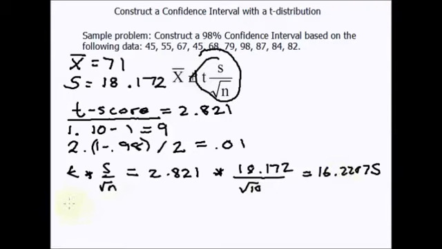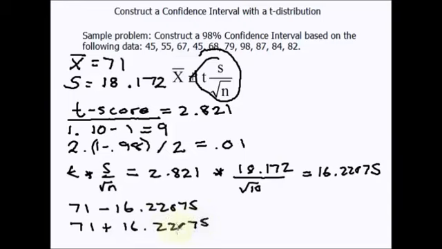Now the confidence interval tells us to take the mean and plus or minus this figure. So I'm going to take the mean 71 and I'm going to subtract 16.22075. And separately, I'm also going to add 16.22075. So this is our plus or minus.